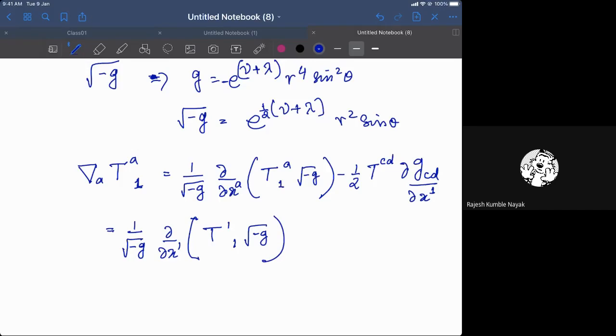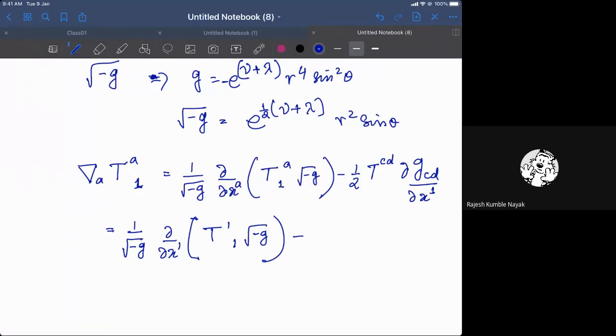The rest of the terms don't appear. And the next term, because this is summed over all four dimensions, there are two summations for c and d, and all are differentiated with respect to r. There is no mercy here.